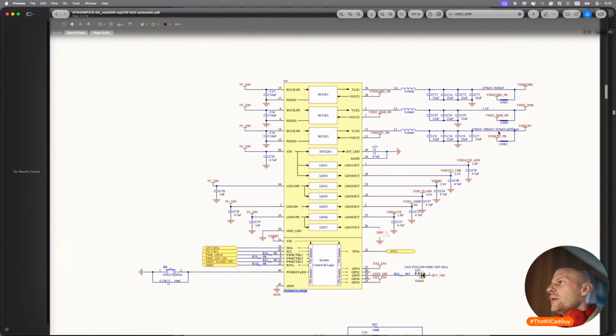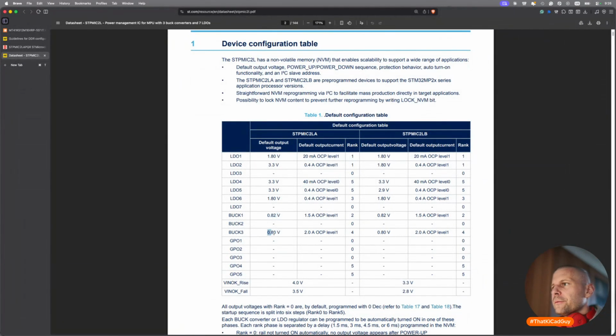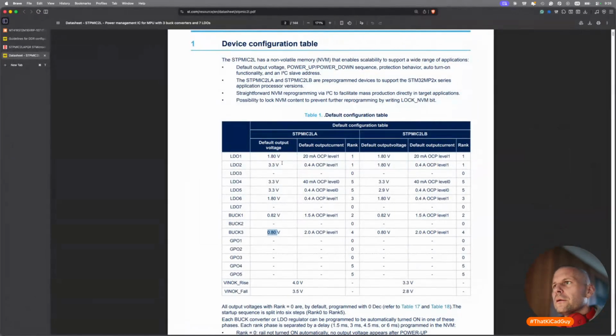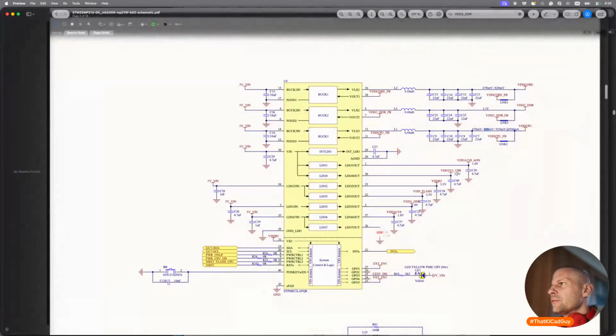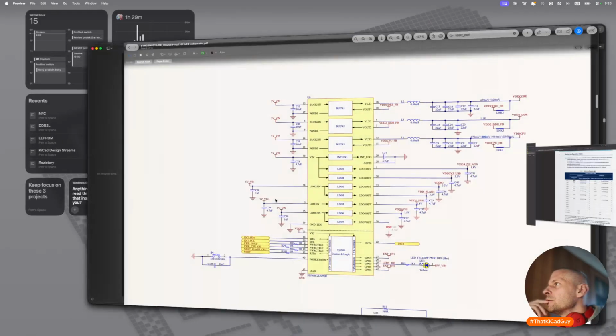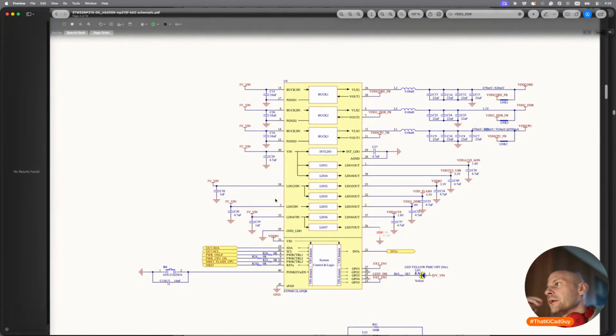And the buck3 is again under 1 volt. Yes, 0.8. That's good. LDO1, yeah, the rest is default. Yes, LDO6, yes, default.